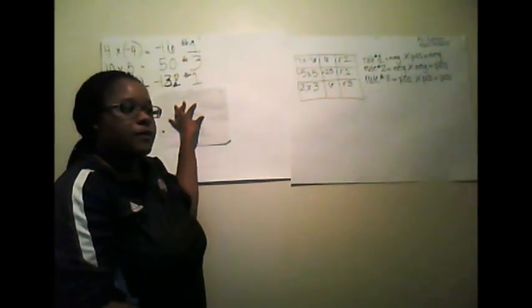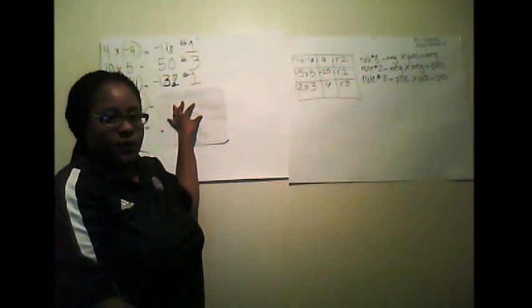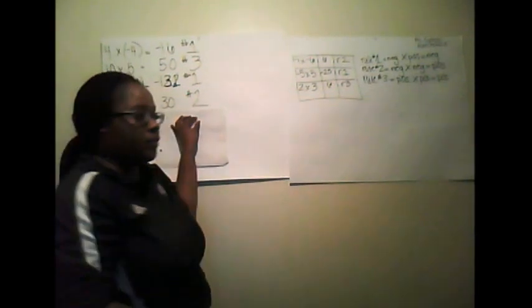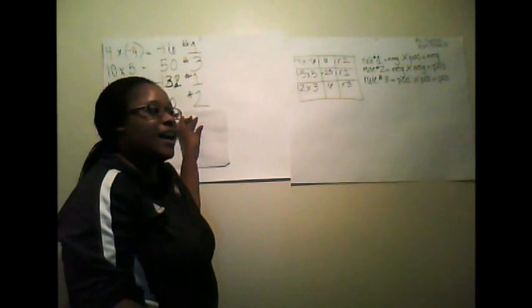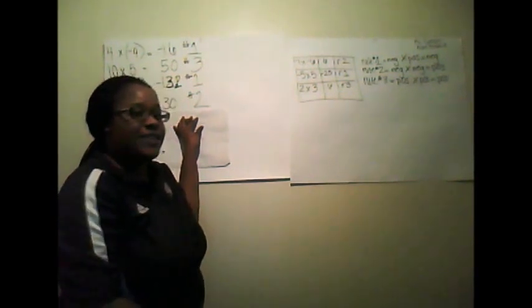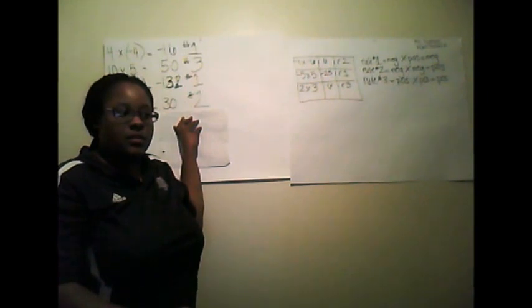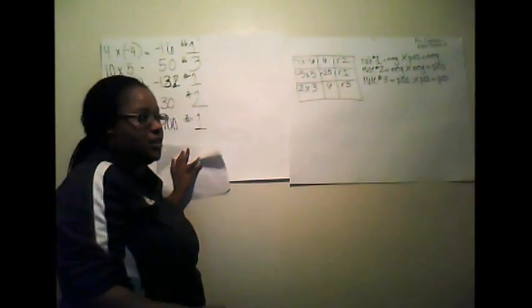The answer is positive 30, and it's rule number 2. Good job. You're on a roll today. The last problem is negative 10 times 10. The answer is negative 100, and it's rule number 1. Very good.